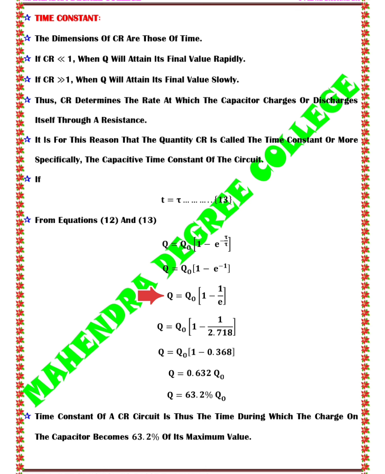The negative exponent means reciprocal. So, e power minus 1 equals 1 by e. We get Q equals Q naught into 1 minus 1 by e.